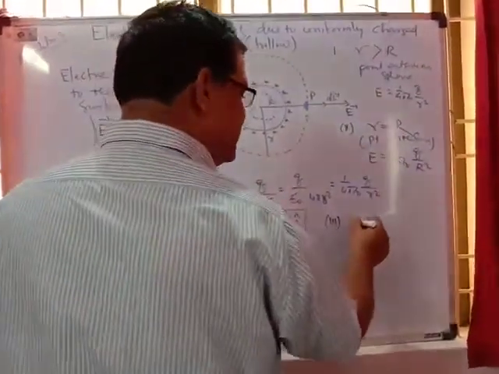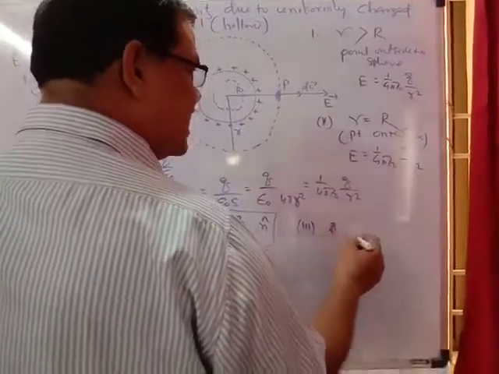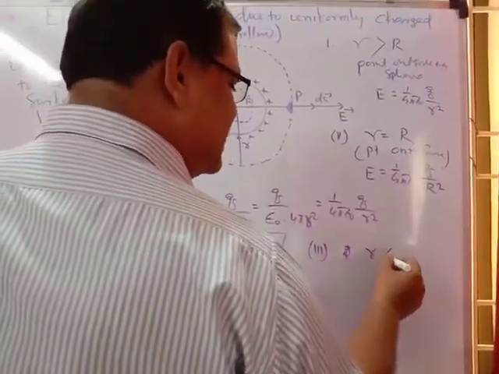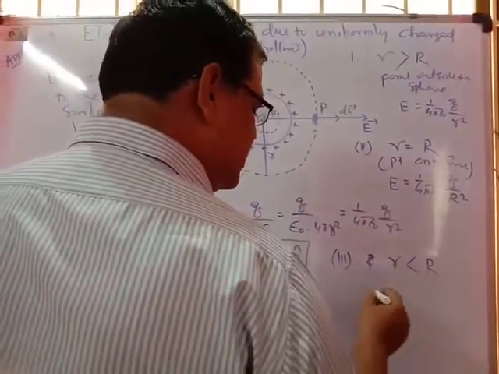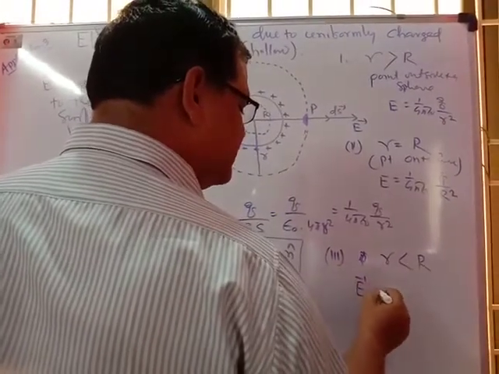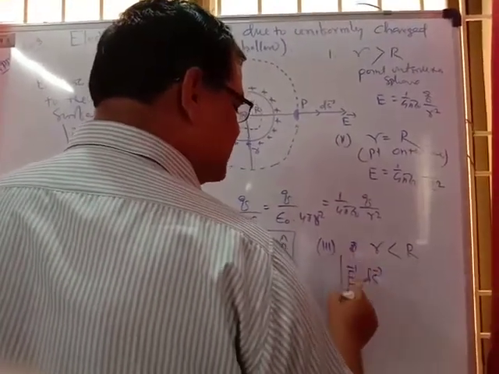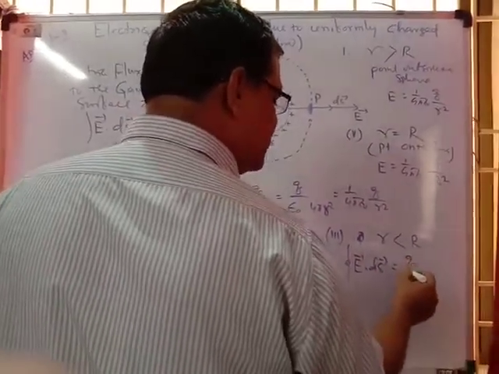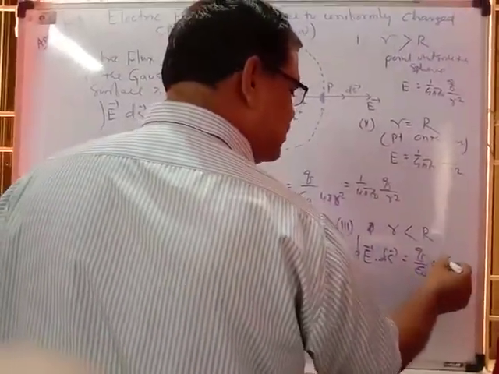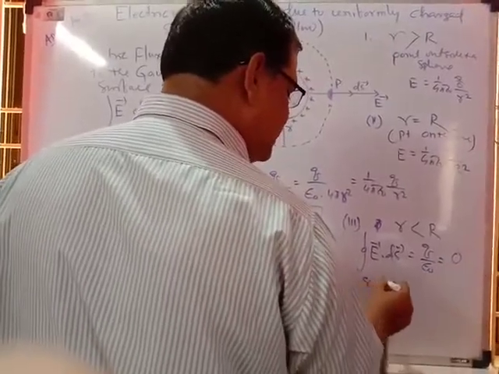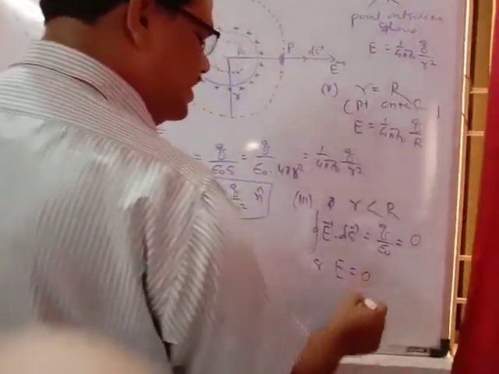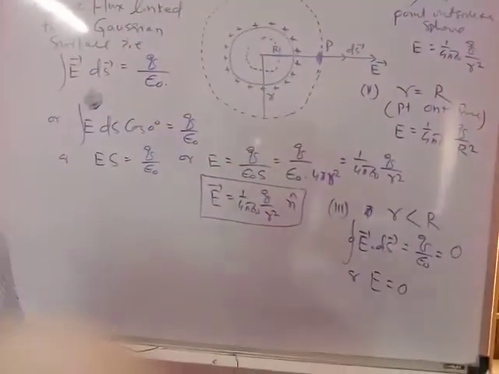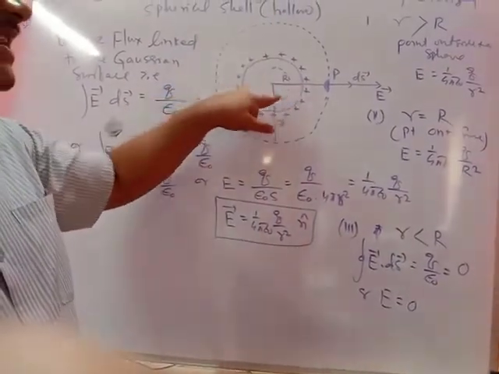So in case number 3, whenever r is less than capital R, the integration of E vector dot dS vector equals q upon epsilon naught, with net charge enclosed equal to 0, so E will be 0.